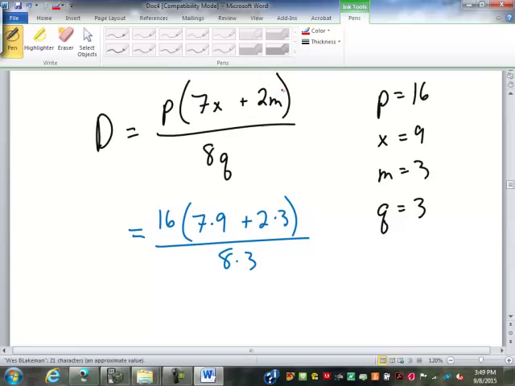So now what? 7 times 9 is 63, and then 2 times 3 is 6, and then 63 plus 6 is 69. 16 times 69.